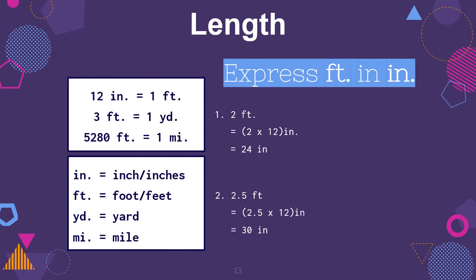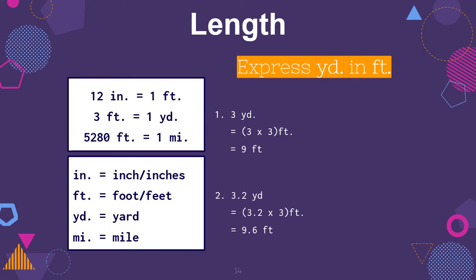So 2.5 feet, convert it into inches. So 2.5 multiplied by 12, since 1 foot is equal to 12 inches. So we have 30 inches. 2.5 feet is equal to 30 inches, and 30 inches is equal to 2.5 feet.